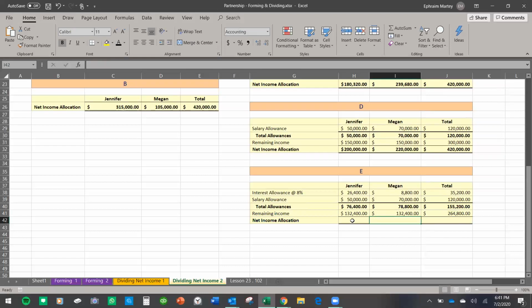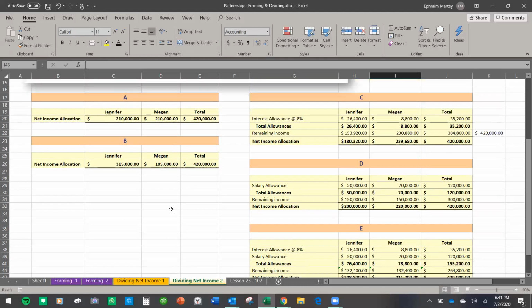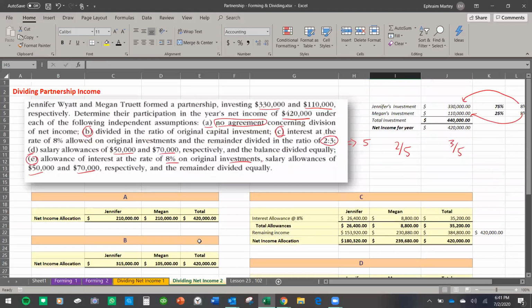Now I'm going to add how much they have in total. So Jennifer has total allowance plus the remaining. We drag it all the way here, and that gives us 420,000 again. So no matter how you do it, as long as you do it right, that should give you the same number. We have 420,000. So that is it for how to divide net income among partners.